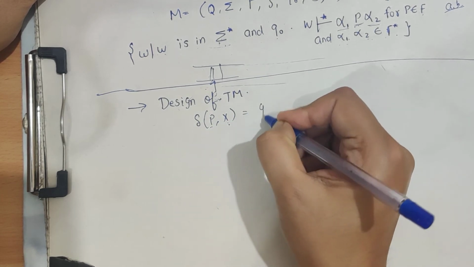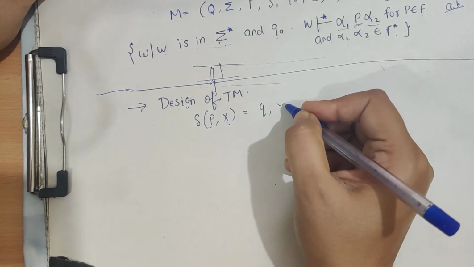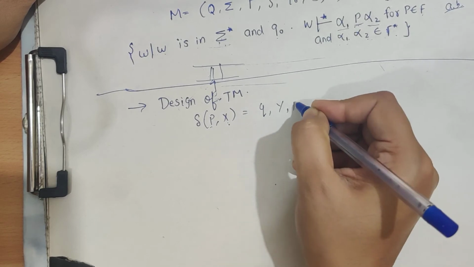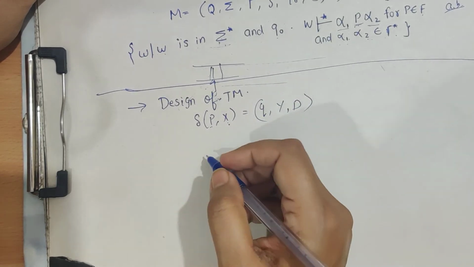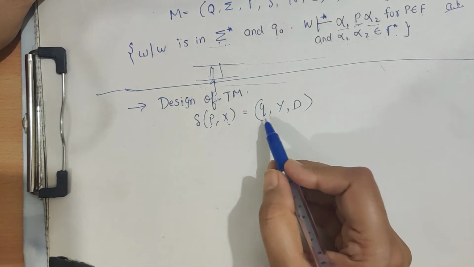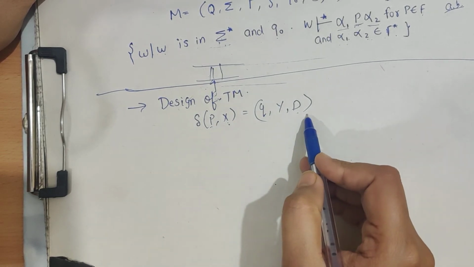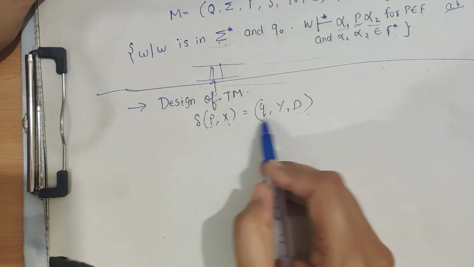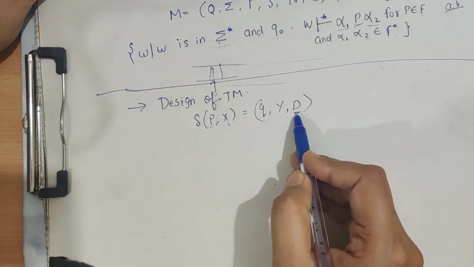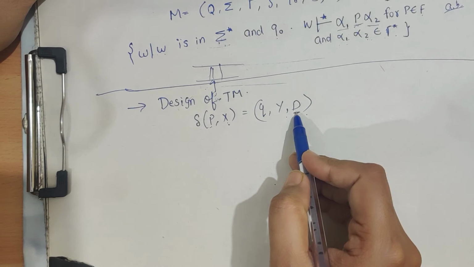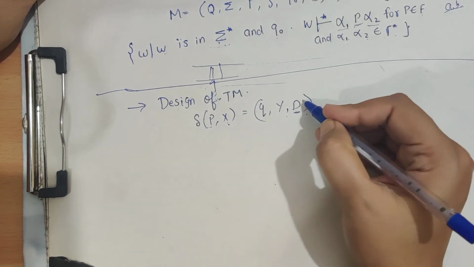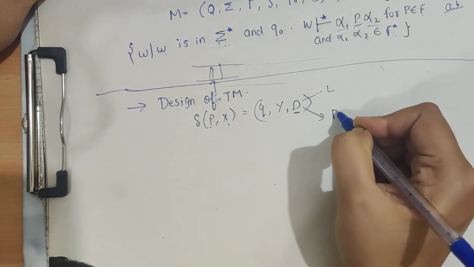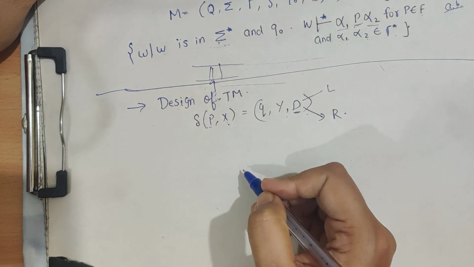It goes to a new state, with a new symbol, and some direction. In this transition, D represents the direction, and it can be left or right. You can represent either the left direction or the right direction.